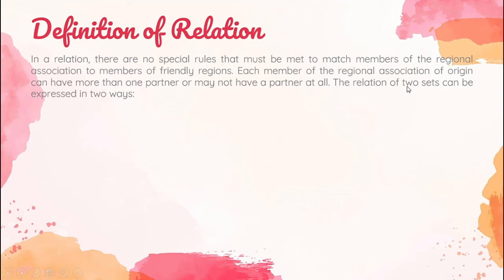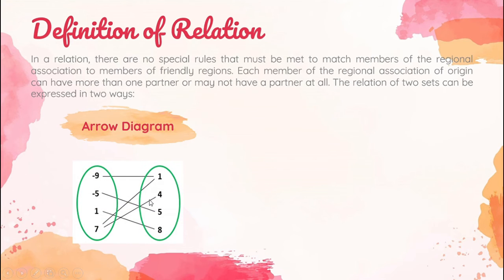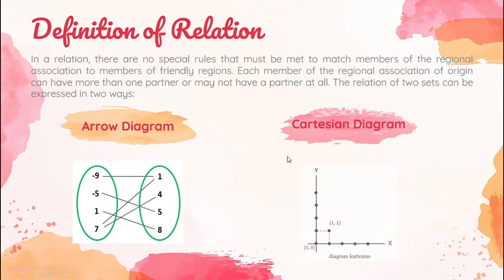The relation of two sets can be expressed in two ways. First, with the arrow diagram, like this. Second, with a Cartesian diagram. Now, this is an example of an arrow diagram and a Cartesian diagram.